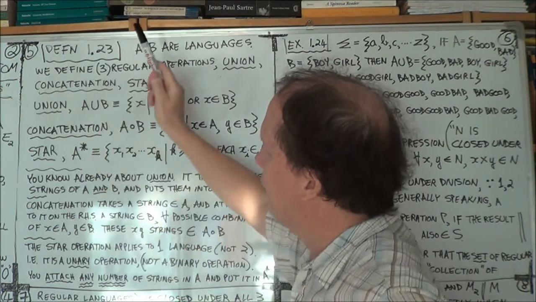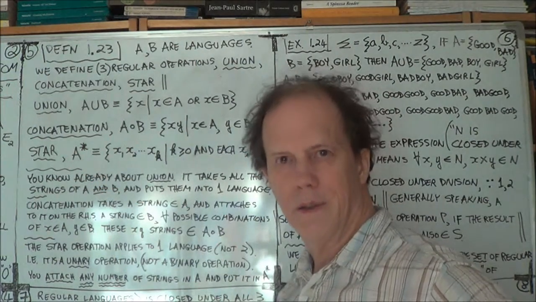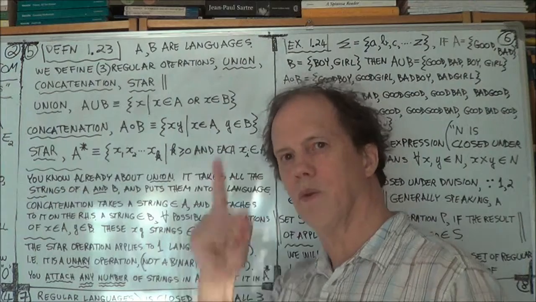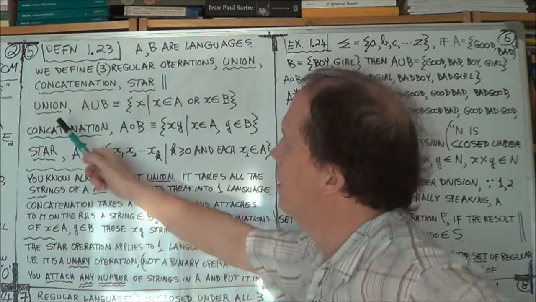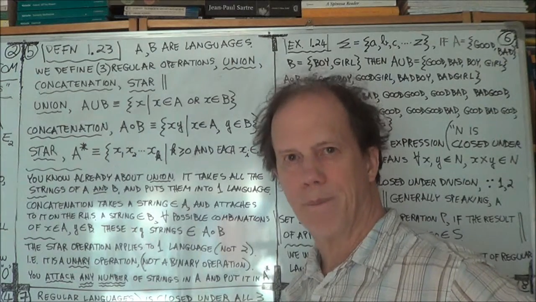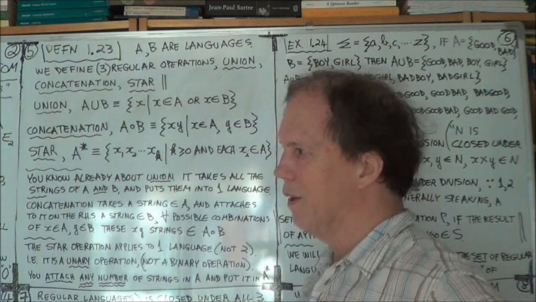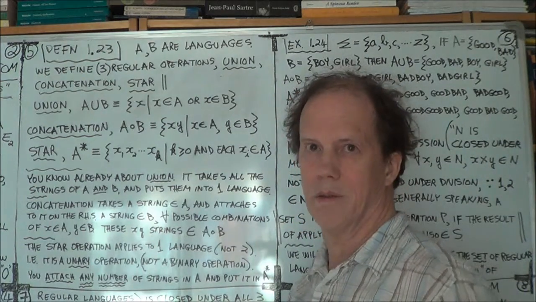Star is a unary operator. It operates on one language. The other 2, union and concatenation, are both binary operators. They operate on 2 languages.